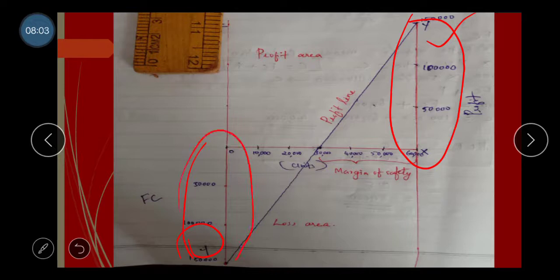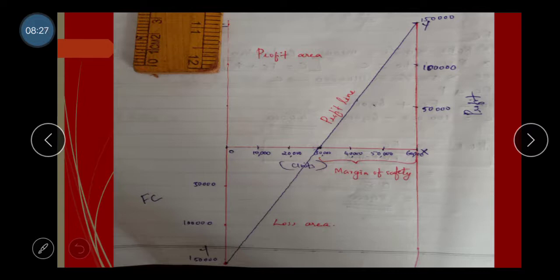The loss is plotted below the x-axis on the y-axis. Maximum loss will be 1,50,000 whenever you are manufacturing 0 units. So from 0 we draw the y-axis for plotting loss. Here, when we manufacture the maximum 60,000 units, 1,50,000 is your maximum profit. Okay. What was the third step?